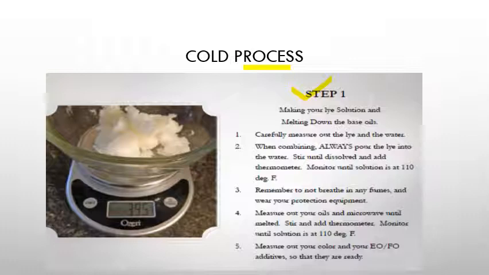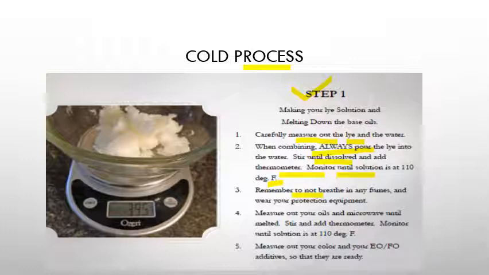If you take sodium hydroxide, it prepares hard soap, and if we take potassium hydroxide, it prepares soft soap. Carefully measure out the lye and pour it into the water. Stir until dissolved and add a thermometer to see its temperature. You have to monitor until the solution is at 110 degrees Fahrenheit.